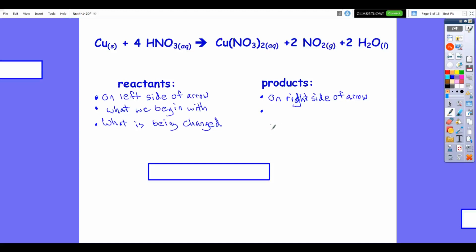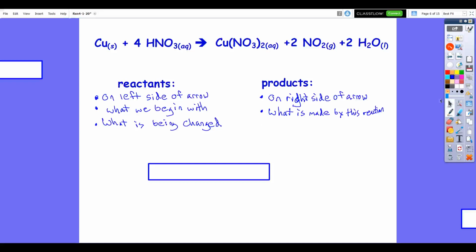It's what is made by this reaction. What is made or what is produced? Get it? Products, produced by this reaction. It's what's left over at the end.